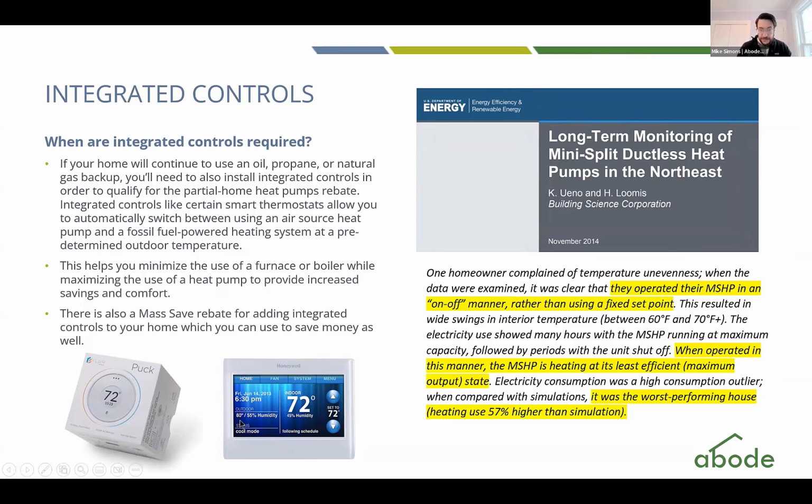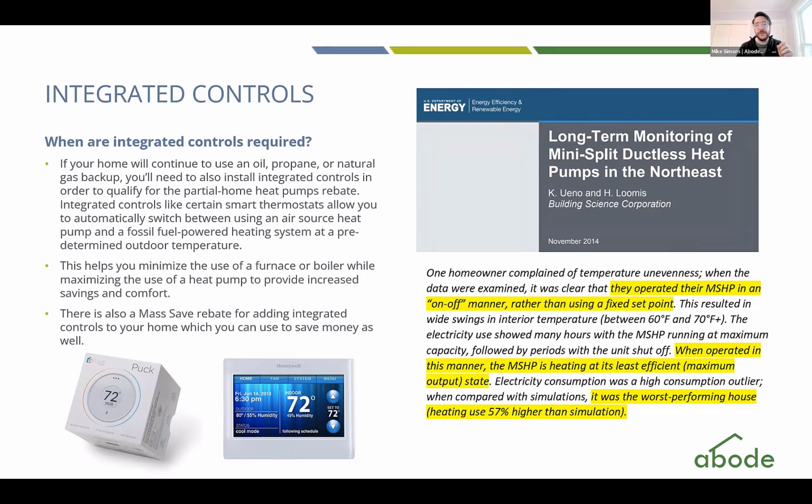When the outdoor temperature climbs back over 30 degrees, it will say fossil fuel-based system turn off, heat pump turn on. So it just guarantees that the heat pumps are the primary heating system above 30 degrees, and the fossil fuel-based system below 30 degrees, unless you're on propane, and then Mass Save switches it over to 15 degrees.